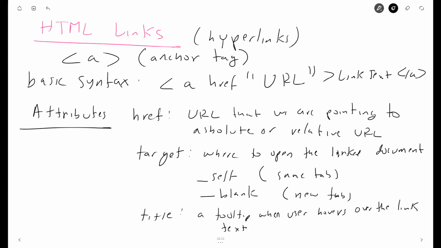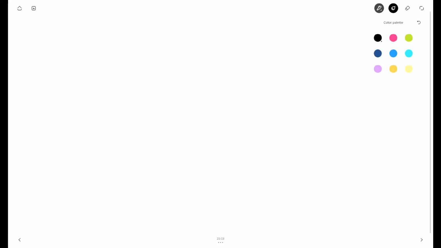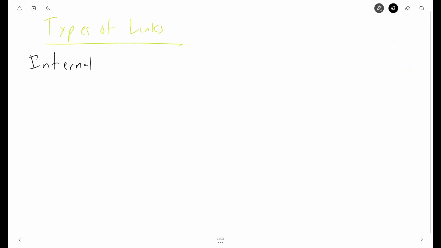Now let's go about looking at the different types of links. We have the internal link. Internal links connect different pages within the same website. These are useful for guiding users through site content and improving SEO by establishing a hierarchy of information.